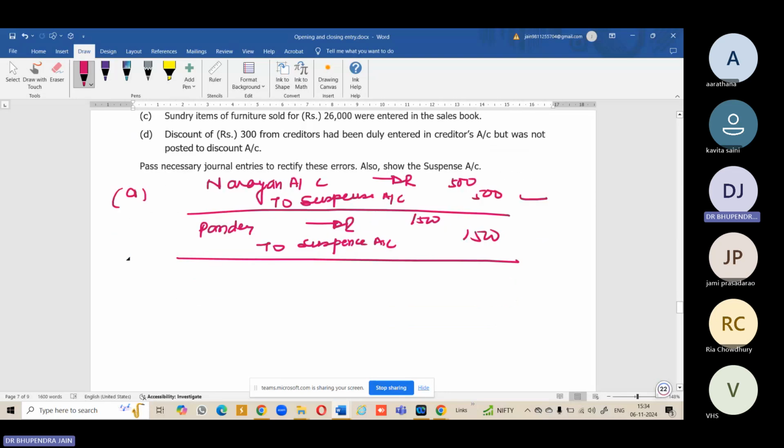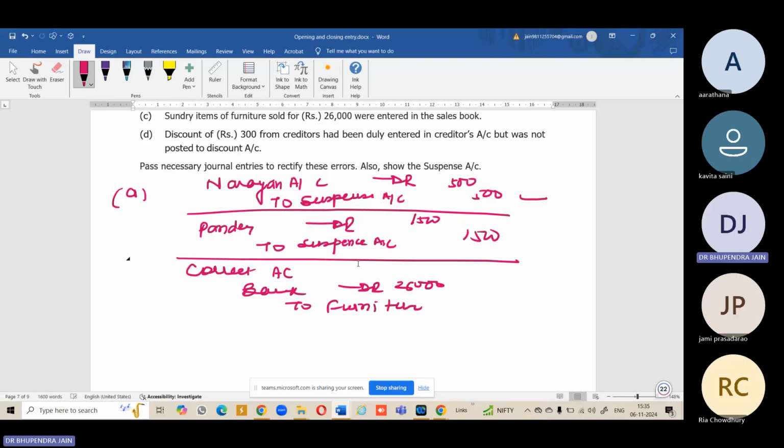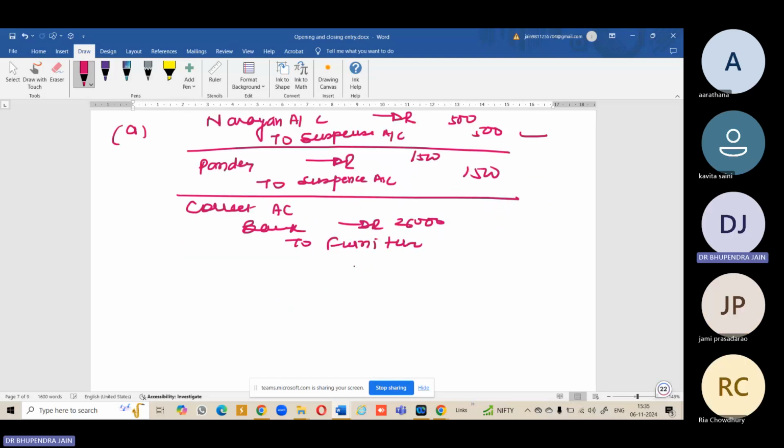Okay, check. What is the correct entry? What is the wrong entry?